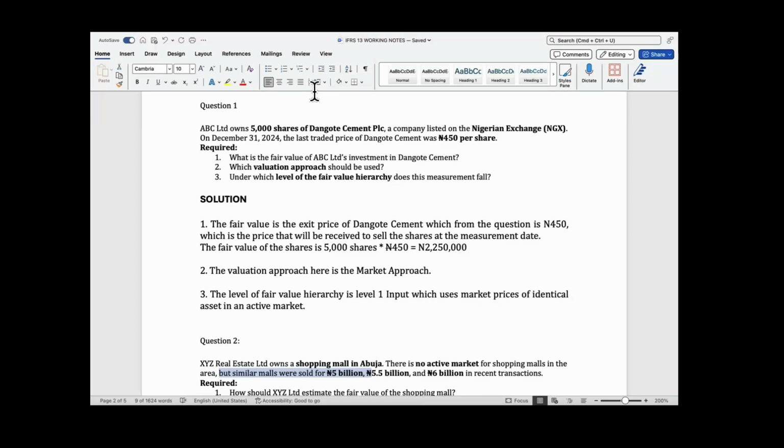So at any point in time where you would have to discount future cash flows to present value, that is income approach. And there's the cost approach. The cost approach uses the replacement cost of a similar asset, and that's typically used for physical assets like PPE or intangible assets.